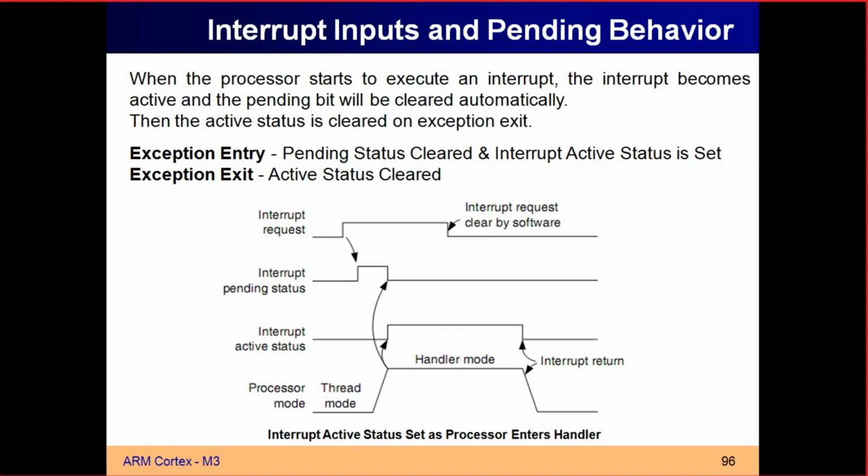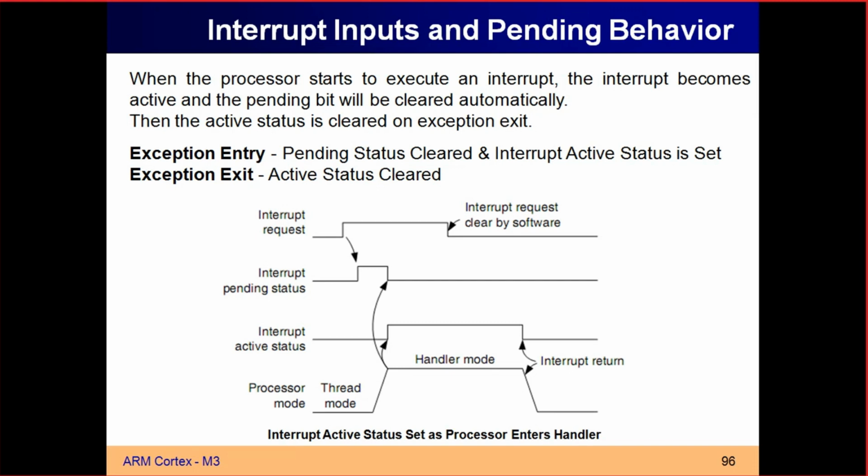And the interrupt active status bit will be set. That bit shows that some interrupt is getting executed in the processor, and it will be kept in the same state until the ISR is over. When the interrupt exit is happening or the ISR is over, the active status bit will be taken to 0.